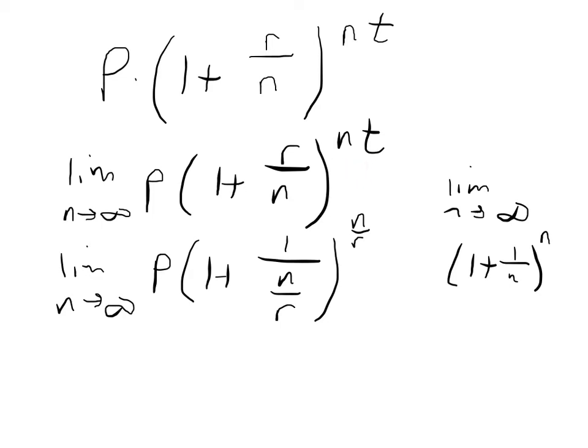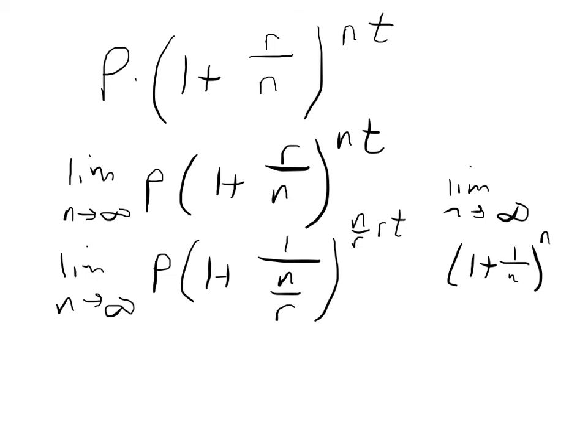So how can I make sure that I keep this exponent equivalent to nt? Well, if I multiply n over r by rt, that's the equivalent of nt, and I won't have changed anything. This expression right here is equivalent to nt, the same as 4 over 2 equals 2. They're just different ways to write the same thing.